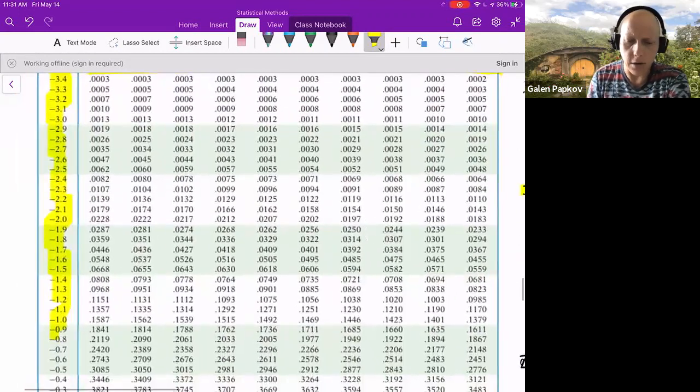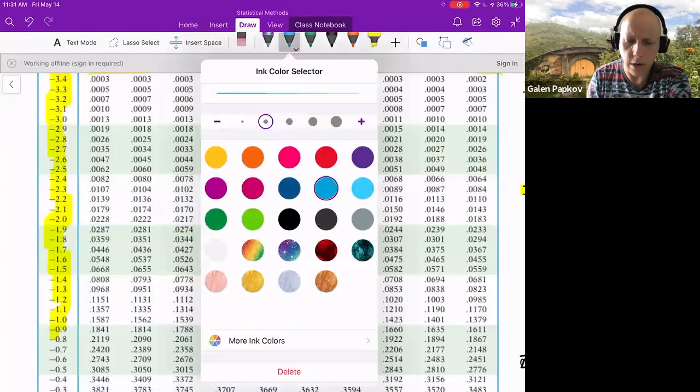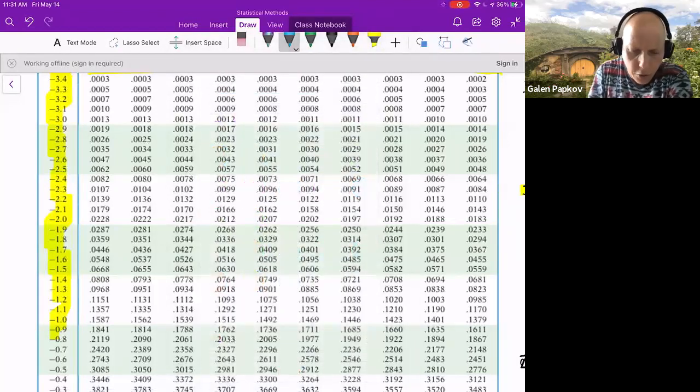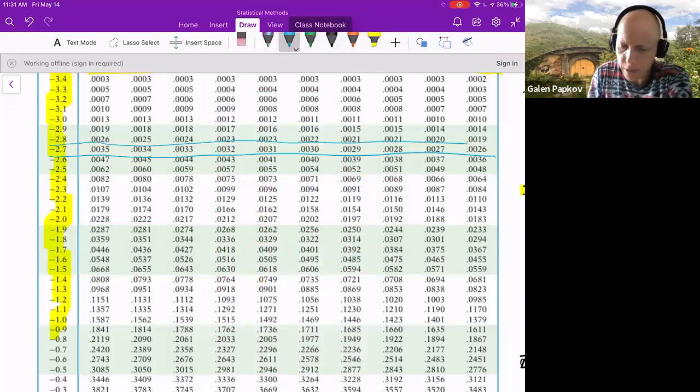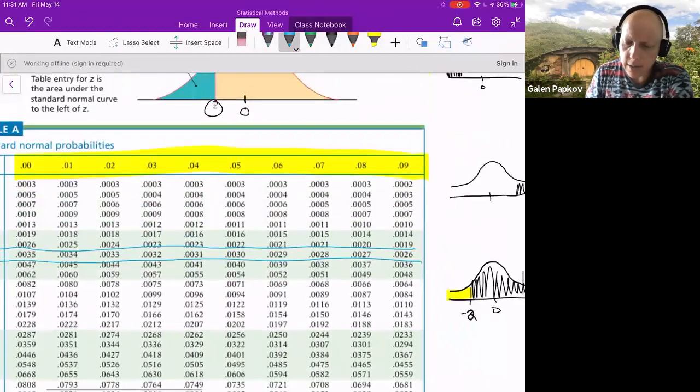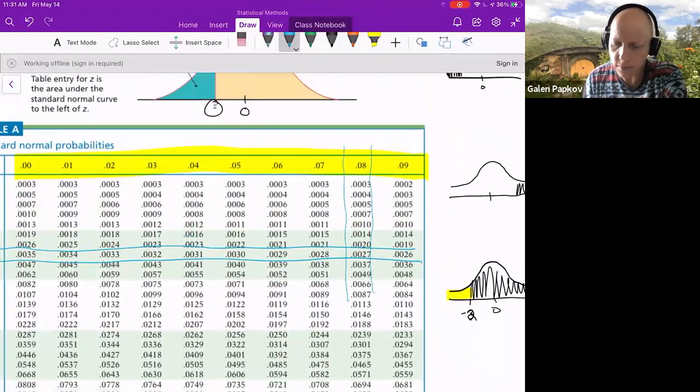And so I'm going to go here and I'm going to look for negative 2.7. And so I'm going to be looking in this row here. And 8 is my second decimal place. So I'm going to look in this column. And the intersection is the answer.